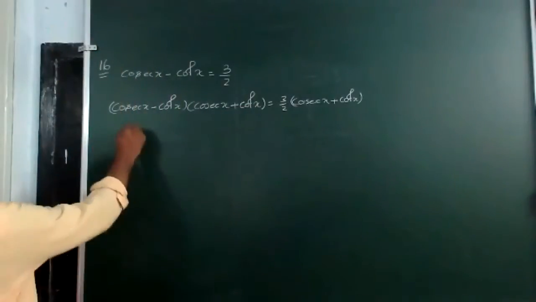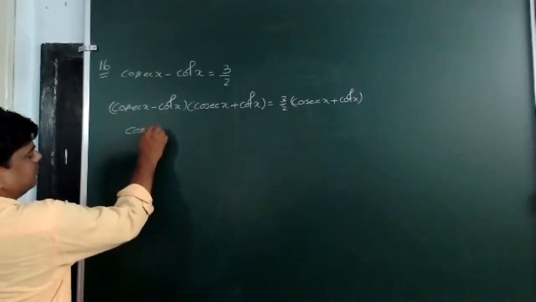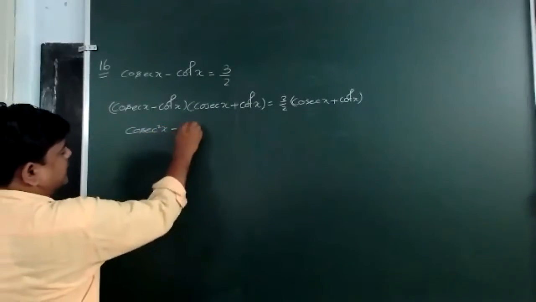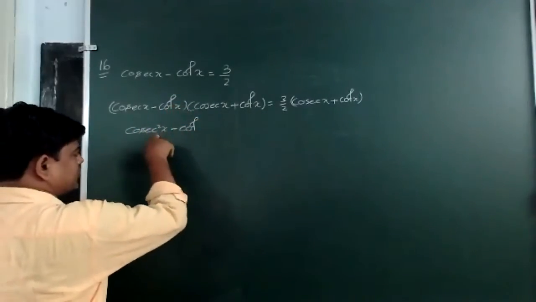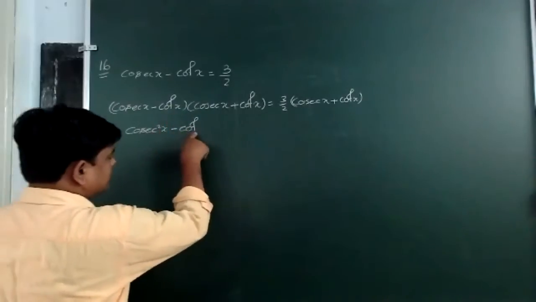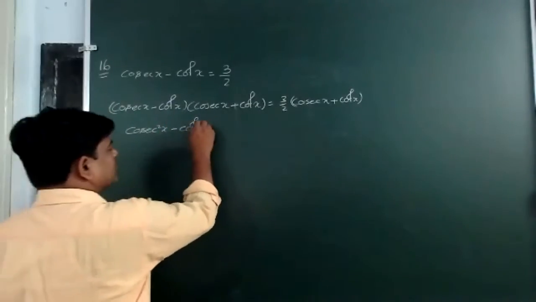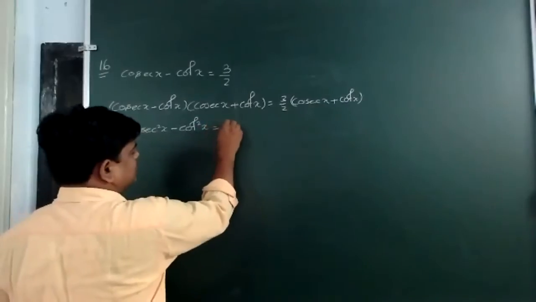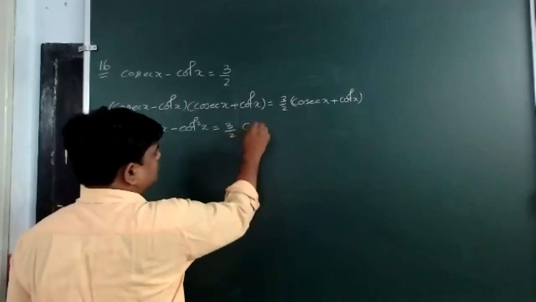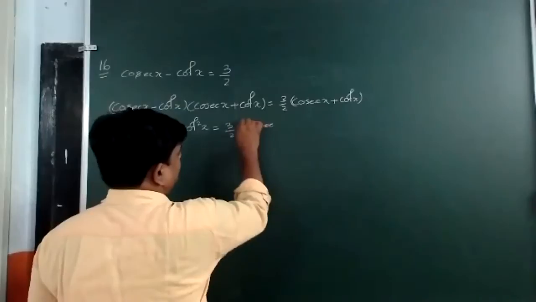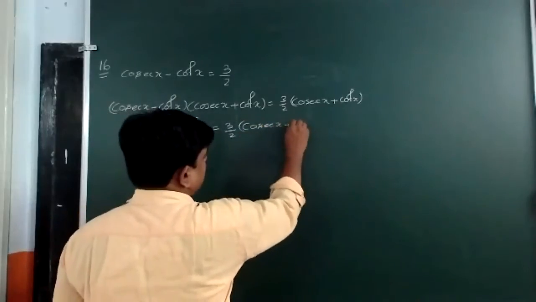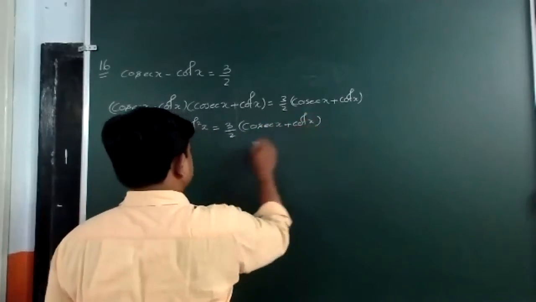And from there we will have cosec square x minus cot square x is equal to 3 upon 2 (cosec x plus cot x).